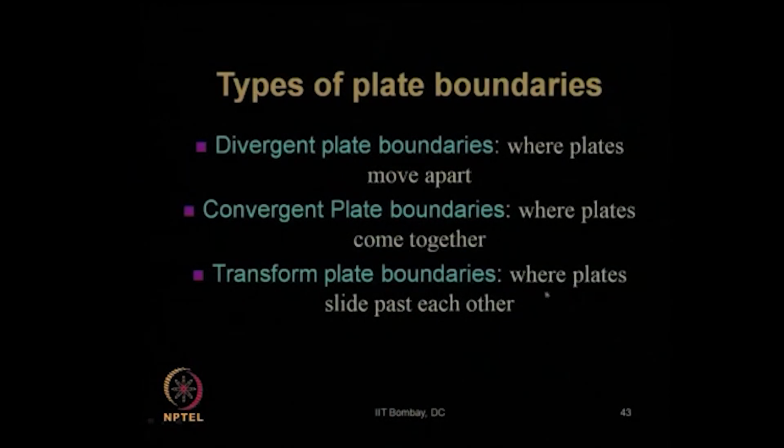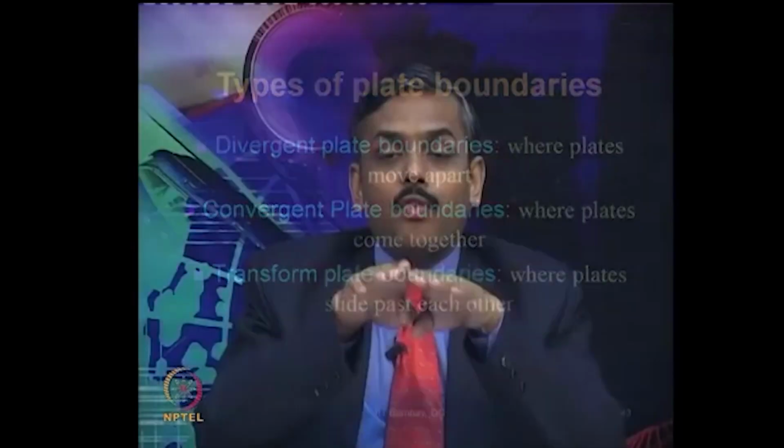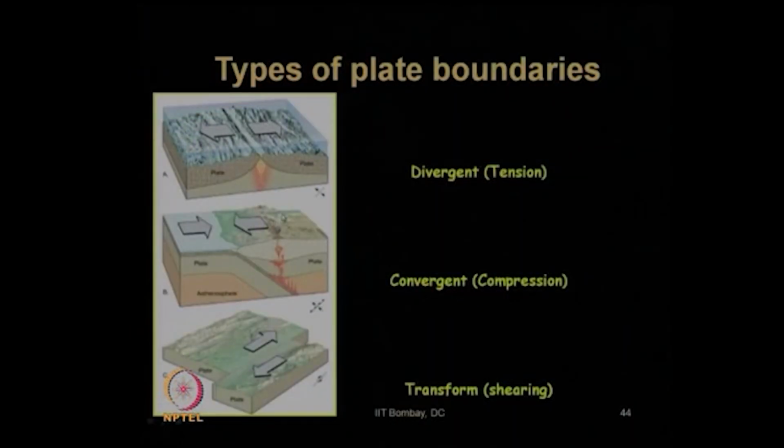In this case, plates slide past each other, that is, the two plates slide with respect to each other side by side like this. Okay? So, these are the three major plate boundary movements. You can see them in this picture.